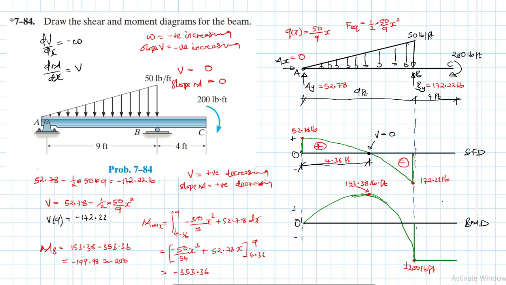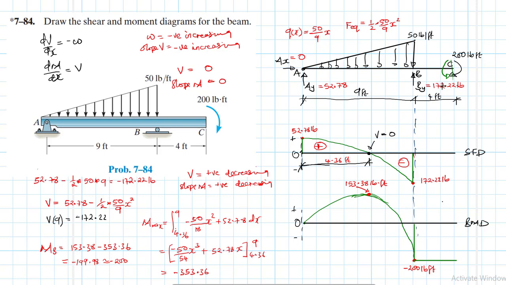Okay, and then of course we expect it to close, but when you look at the direction of this moment, it is clockwise, which is negative. But what we are going to look for is the value of the moment if we were to do a section just a little bit to the left of C. The moment that we are going to find there would be a positive one, and that is the internal moment in our structure, right?